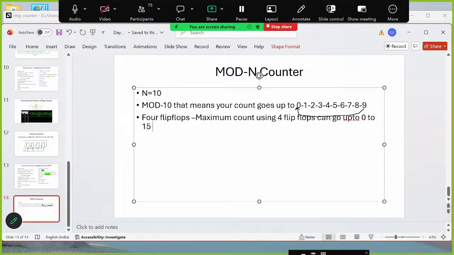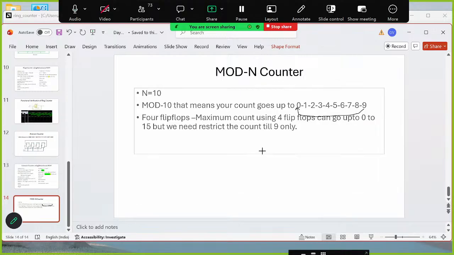Total 16 counts would be there. But we need to restrict the count till 9 only. So this type of logic we have to apply. Yes, it requires four flip-flops.